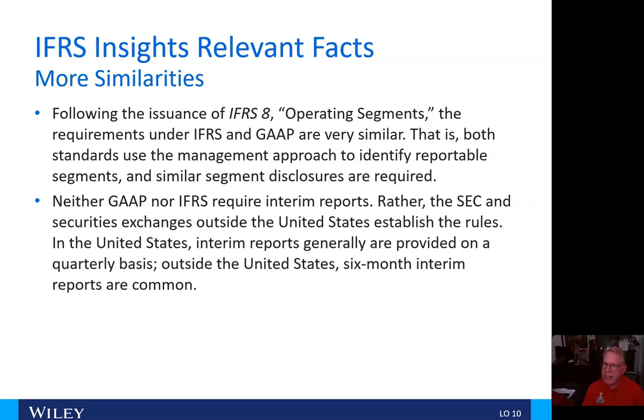Number two, neither GAAP nor IFRS requires interim reports. Rather, the SEC and the securities exchanges outside the United States establish the rules. In the United States, interim reports generally are provided on a quarterly basis. Outside the United States, 6-month interim reports are common.